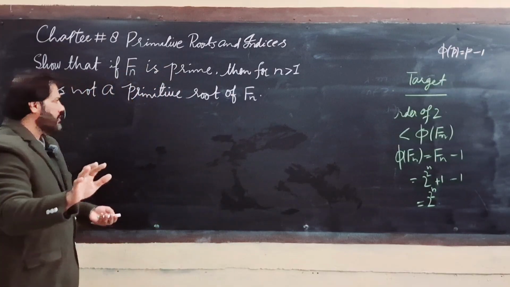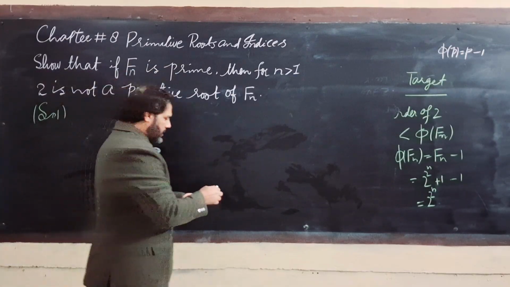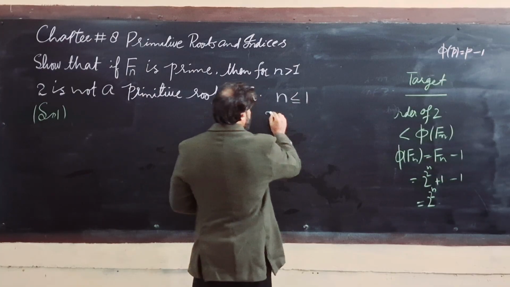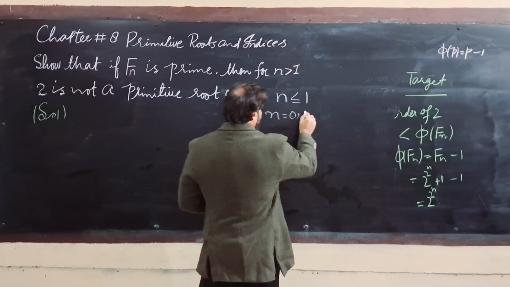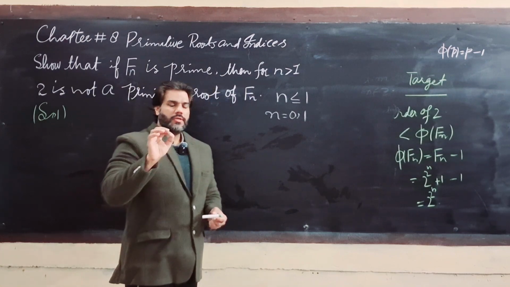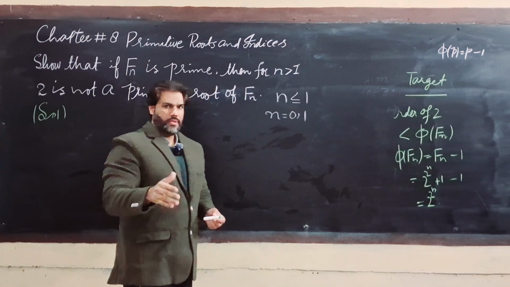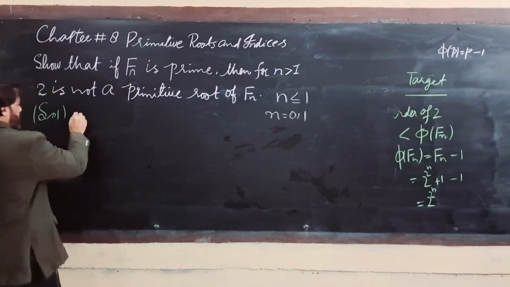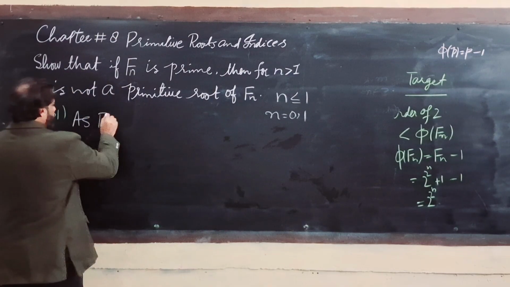Just for your elaboration, I will show that when n is 0 and 1, then 2 is a primitive root of Fn. So what is a Fermat number?